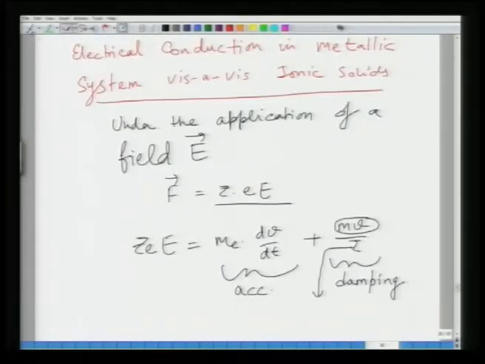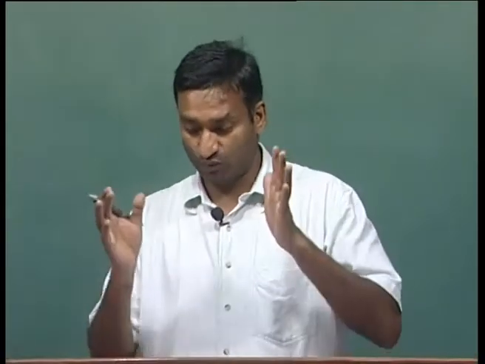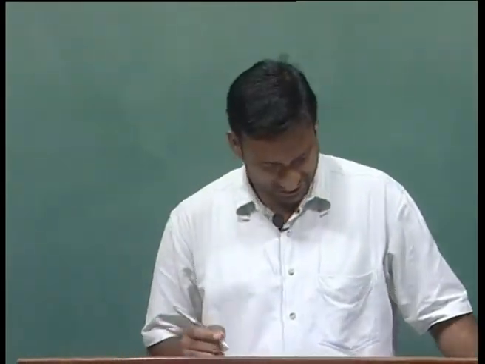So, there is an average distance which it travels, and there is an average time between two collisions, and this tau represents that average time, which is called relaxation time. So, this relaxation time is basically the average time spent between two collisions which the electron undergoes while it moves in a lattice.